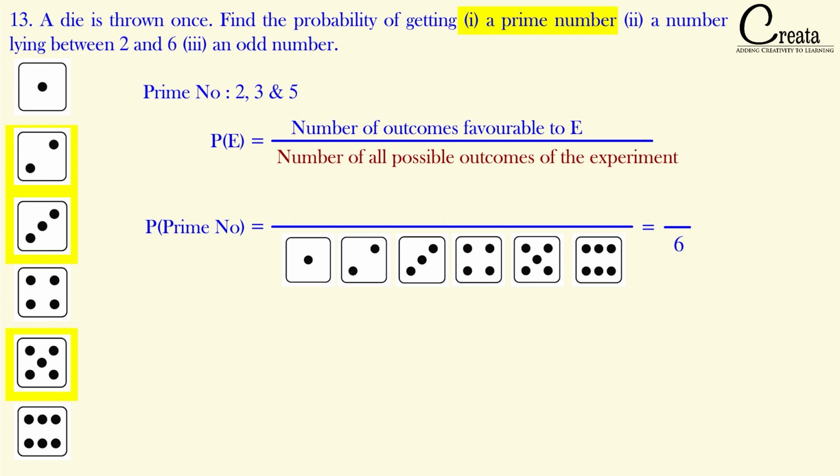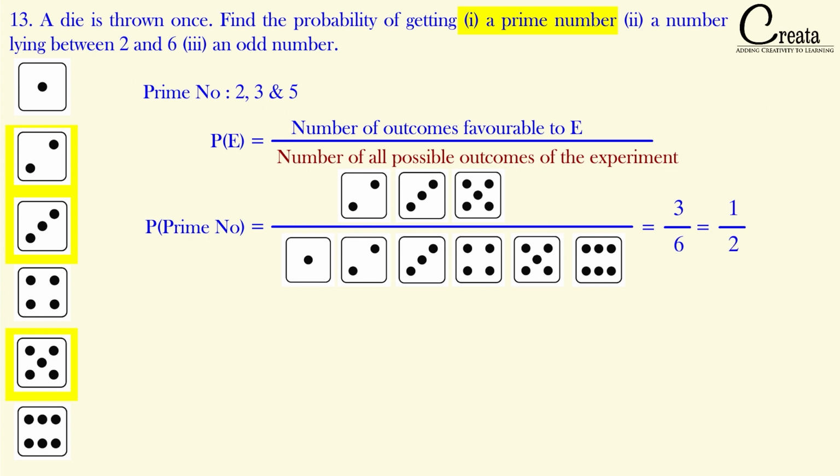In the numerator, we have to find the favorable outcomes. So the favorable outcomes for the prime numbers are 2, 3 and 5. So these 3 numbers will come in the numerator because these are the prime numbers and our favorable outcomes. So we got 3 in the numerator, 6 in the denominator. Our answer is 1 by 2.